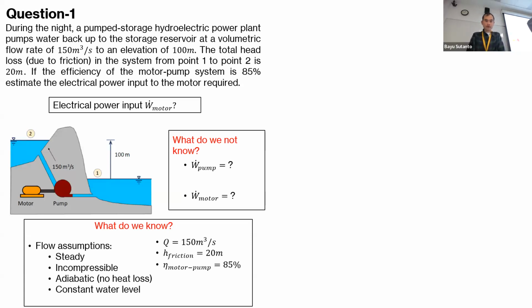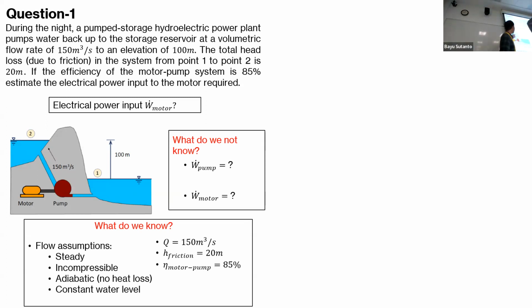So we have a storage reservoir from point 1 to point 2, and from point 1 to point 2 has an elevation difference of 100 meters. The flow rate required from point 1 to point 2 is 150 meter cubic per second.